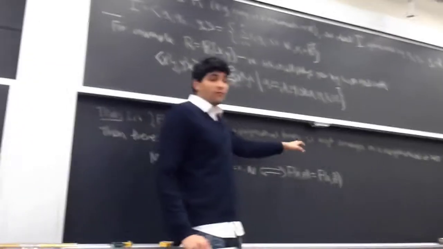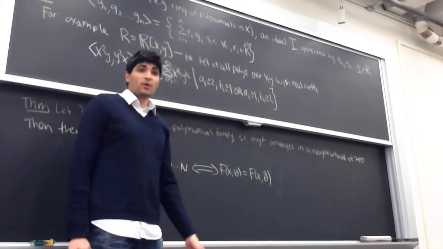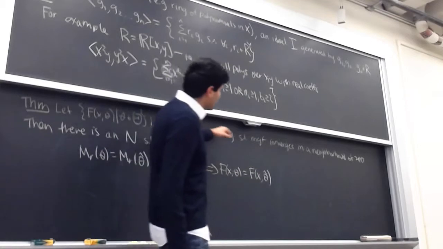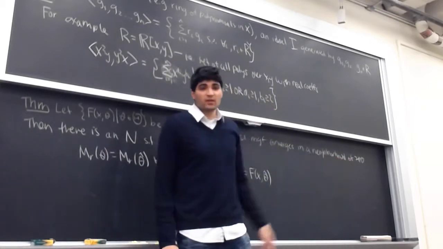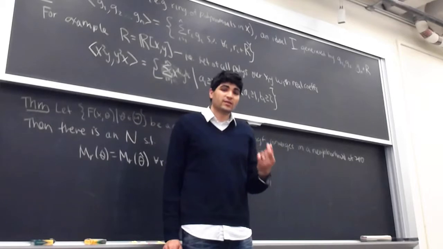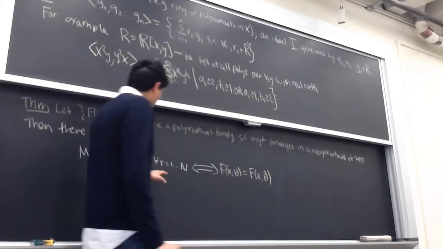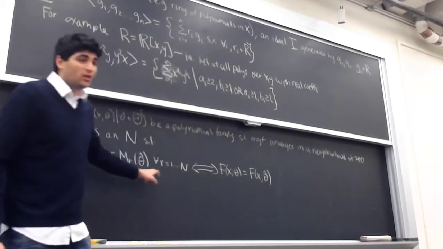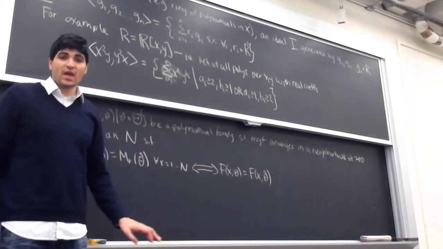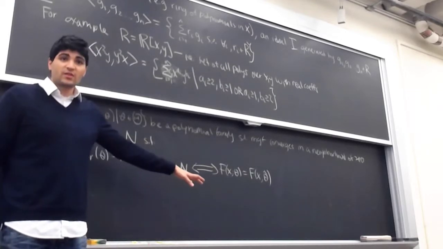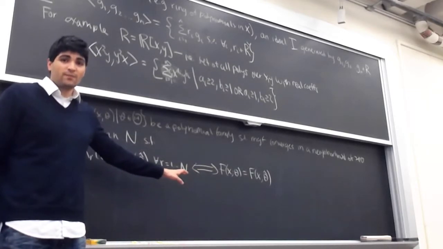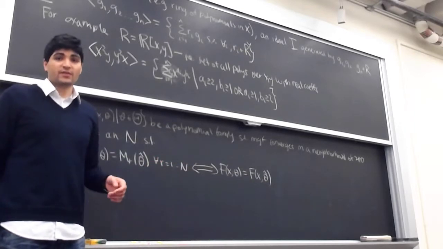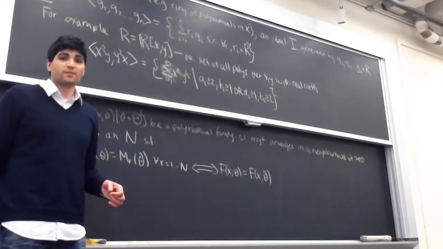If you have some family of distributions that satisfies this polynomial family condition, so all of its moments are polynomials in the underlying parameters, and if it satisfies this really weak condition, this tame thing that the moment generating function converges in some neighborhood of 0, then we're actually going to get this consequence that, obviously if you match as a distribution, all of your moments match, certainly the first n, but we're going to get a converse to this too, that actually if you match on your first n, then you have to be the same distribution. The catch is, I can't tell you what n is, but it's finite.